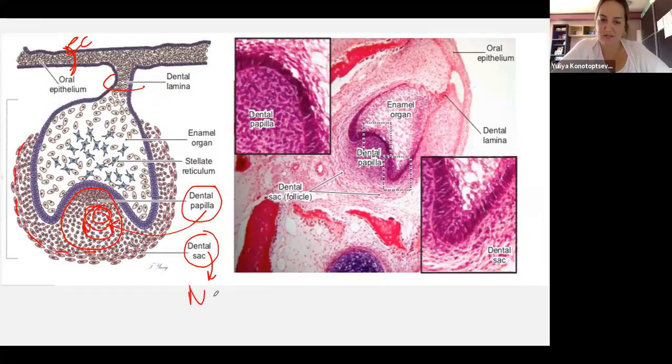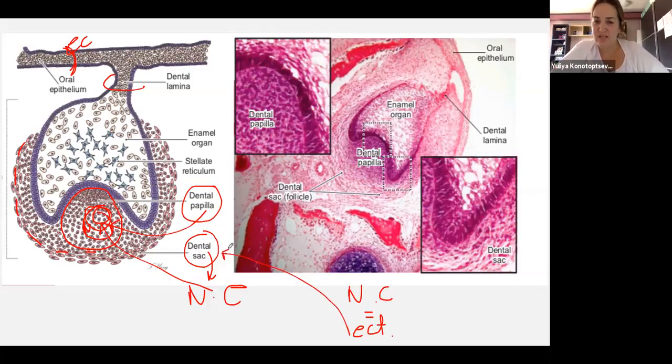There is a neural crest cell, a normal neural crest cell. It is sitting in the dental papilla. There's another neural crest cell, which you also call ectomesenchymal cell. And this ectomesenchymal cell is sitting in the dental sac.